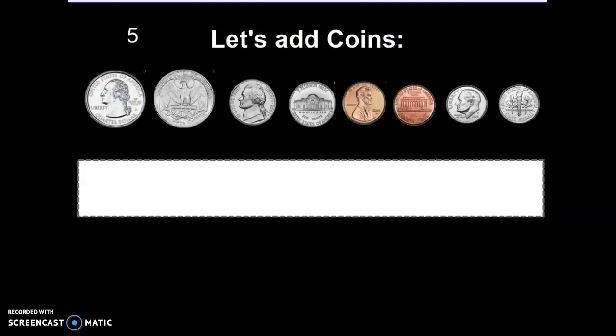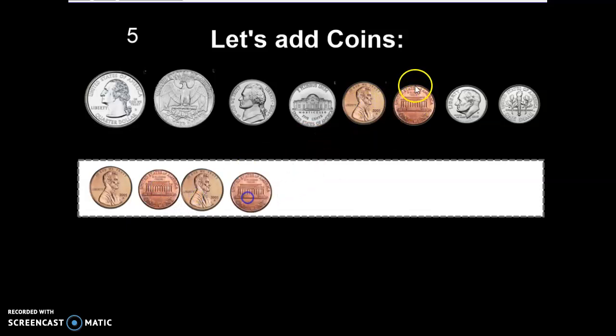Now with our money, we can do something different today. Yes, I can still do 5 cents with pennies. But this is probably not the best way. I know there is another coin that's worth 5 cents that would make more sense here. What coin is it? Is it the quarter, the nickel, the penny, or the dime?